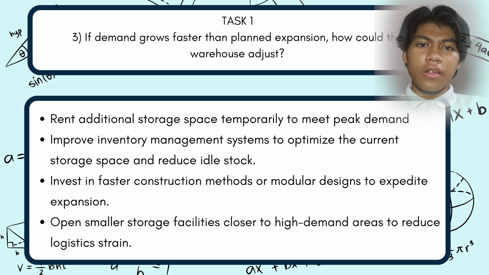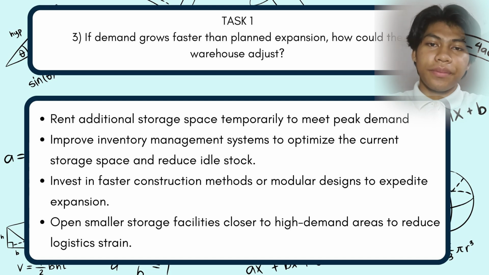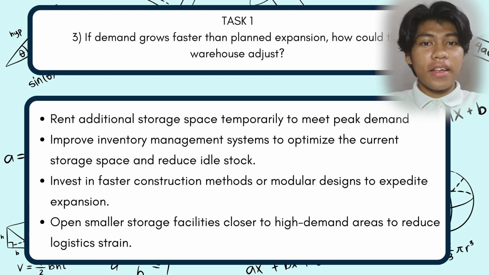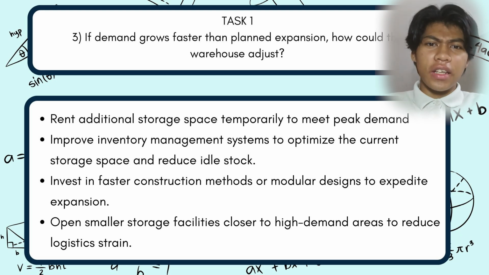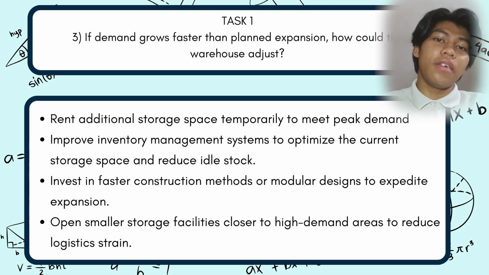Accelerating the construction process using faster building techniques or modular designs is also a viable option to expand capacity more quickly. Lastly, decentralizing operations by opening smaller, strategically located storage facilities closer to high-demand areas could also help reduce the logistical challenges and meet the growing demand effectively.